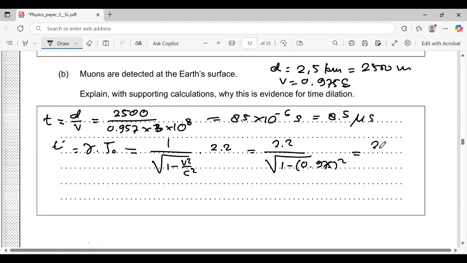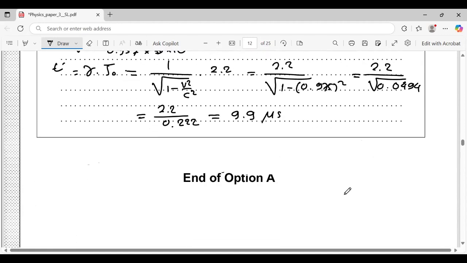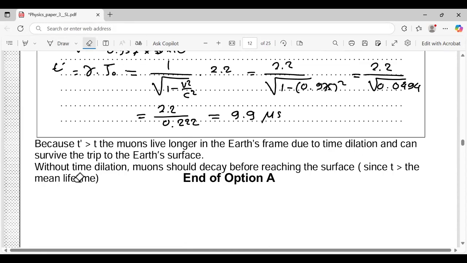It becomes 2.2 over the square root of 0.0494. And the result is 2.2 over 0.222, which becomes 9.9 μs. And for my explanation, I have provided my brief explanations. Okay. Let's continue to the next question.